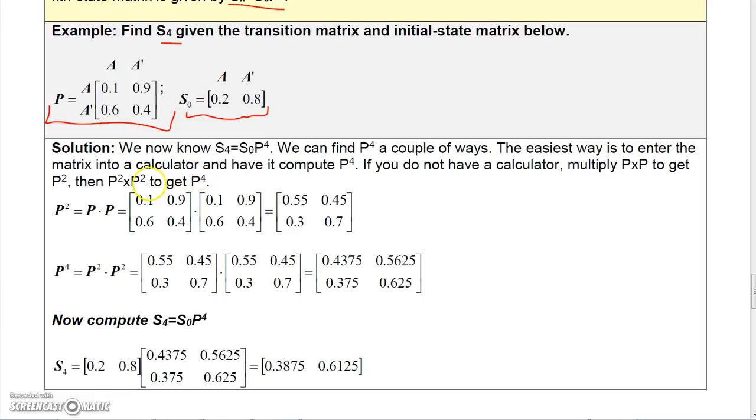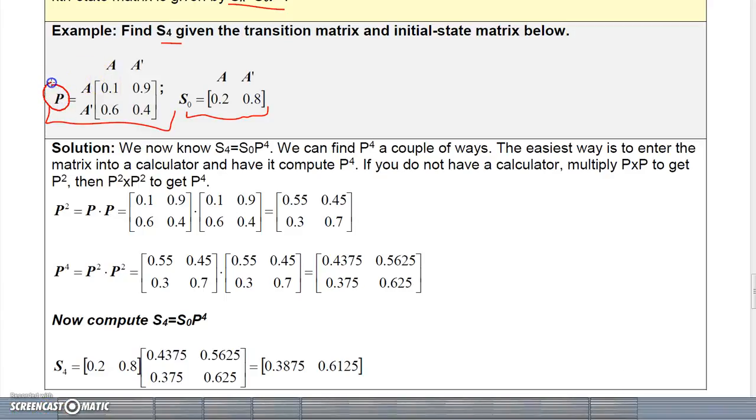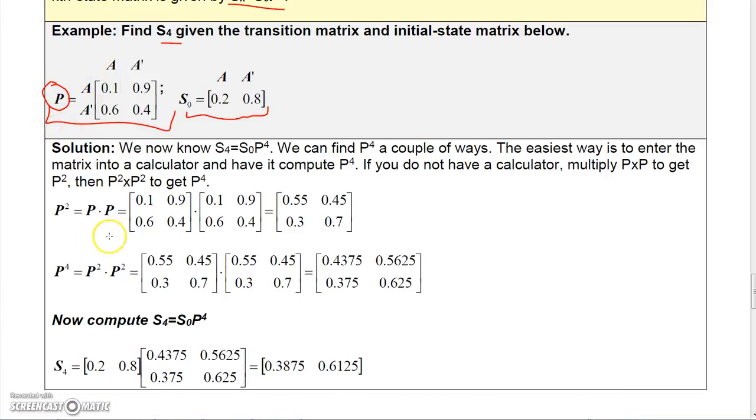Now, you can do it a couple ways. The easiest way would be to just use a calculator and enter this matrix P and then tell it to raise the matrix to the fourth power. If you don't have a calculator handy, to get P to the fourth, what you can do is get P squared and then square it again to get P to the fourth. But the way you get P squared is you just multiply P times P.